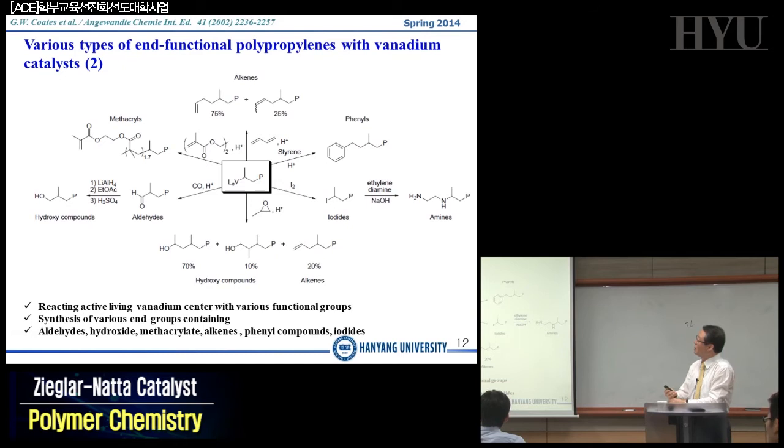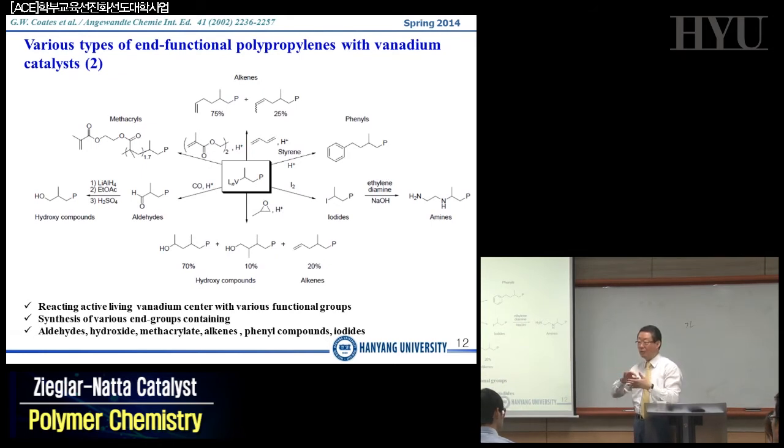You can also make the functional polypropylenes. Functional polypropylene is very important, because if you are using the polypropylene as packaging films, such as the packaging for your ramen, okay? If you think about the ramen, the packaging film, which is made of polypropylene, but you have to print some letters or colors on top of your polypropylenes.